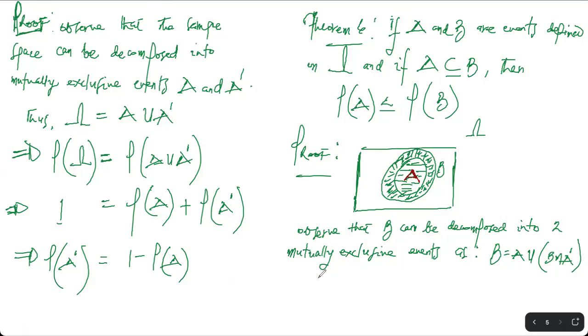All right, so since A intersection B, B intersection A prime is empty. Okay, they are disjoint.